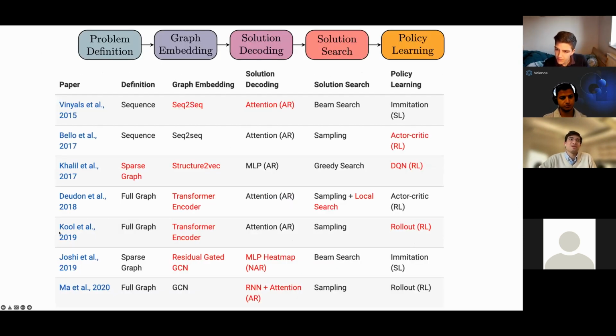So for example, the paper by Kool and also the paper by Deudon subsequently introduced this idea of using transformers to encode graphs or fully connected graphs. And then this work that I did was introducing this whole heat maps idea of thinking about these edge probabilities and then applying some search on top of them.